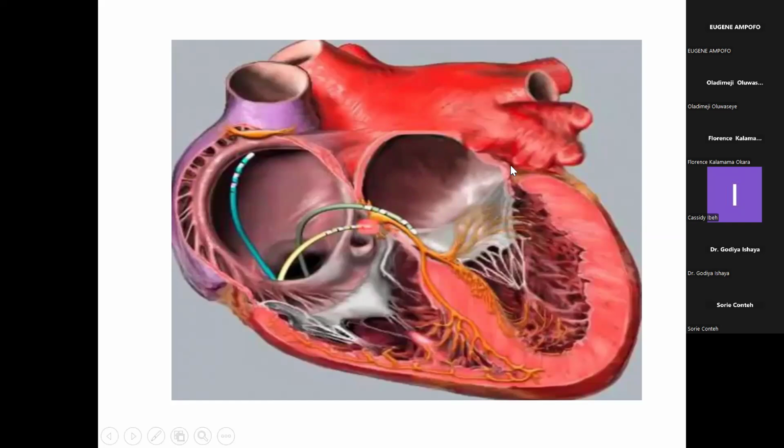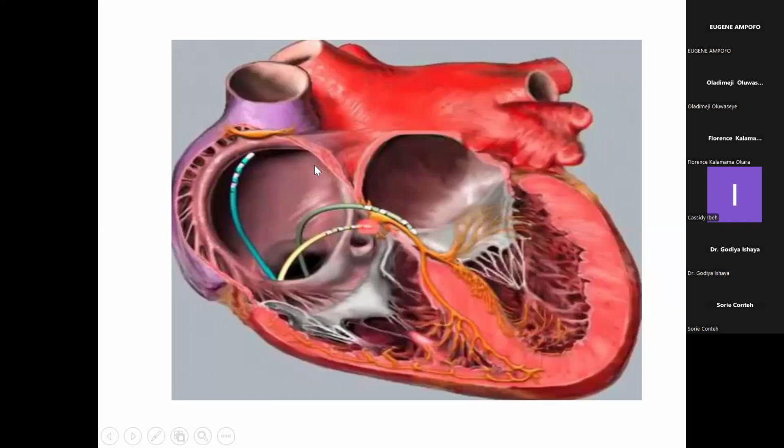The last catheter is usually passed into the right ventricle. Sometimes you can puncture the interatrial septum and pass a catheter into the left atrium, but the basic testing is a catheter in the CS, a catheter in the His, a catheter in the right ventricle, which is not shown on this picture, and a catheter in the right atrium.